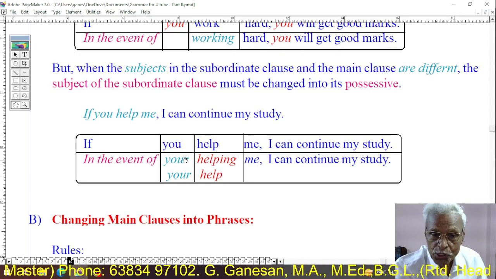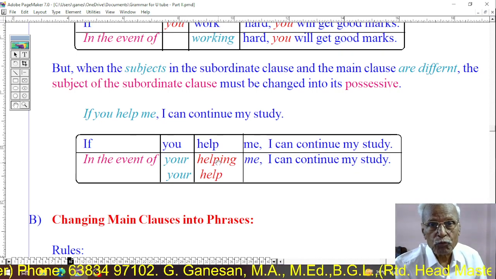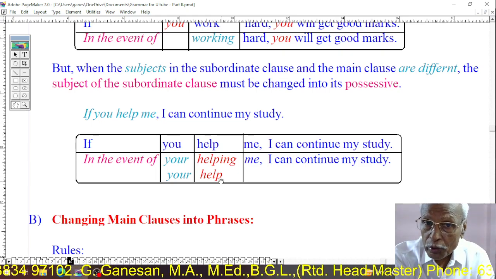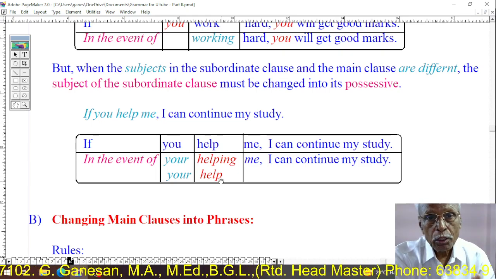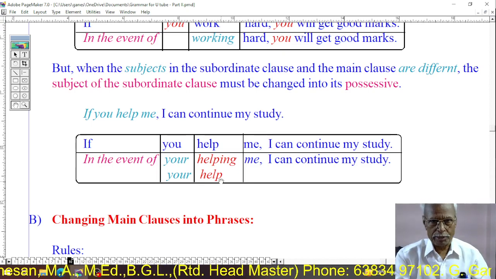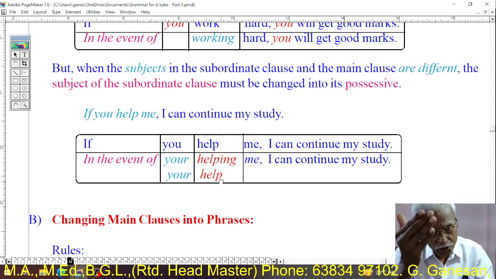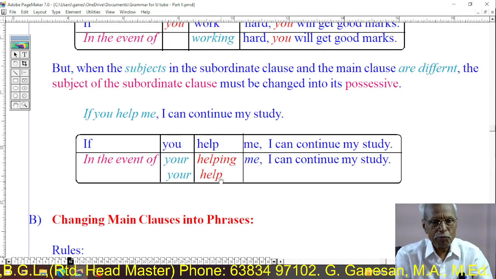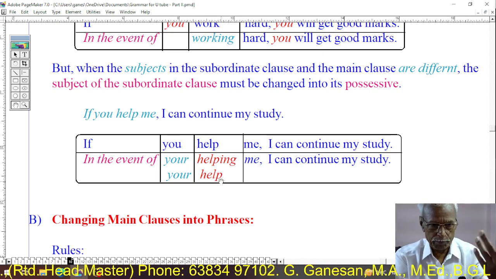So instead of your helping, you can use your help. Helping is a participle. There is also a noun, help. Instead of helping, we can use help.